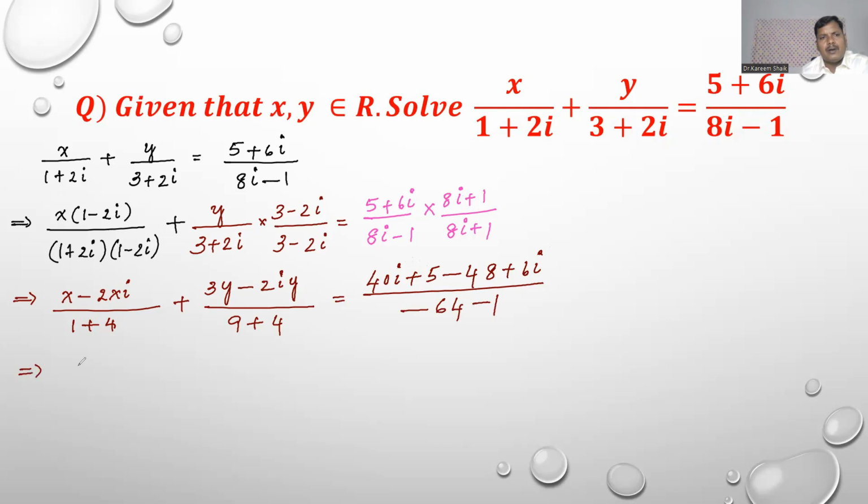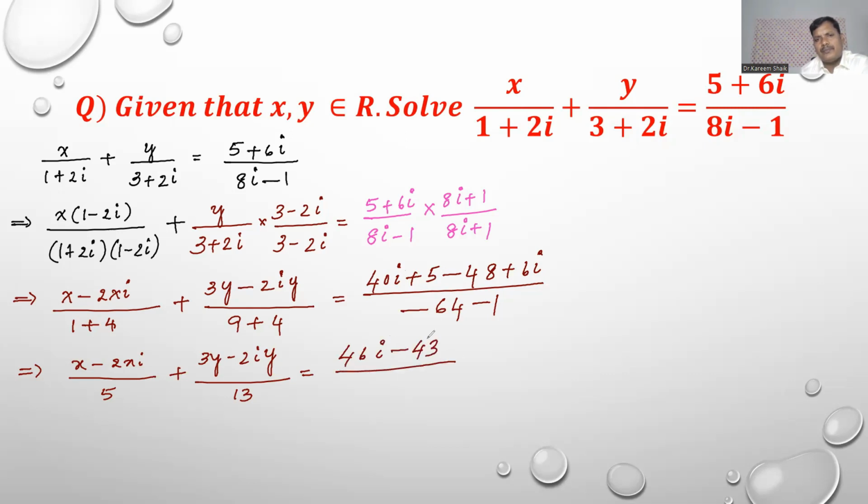Now observe here, what you got? x minus 2x iota upon 5 plus 3y minus 2 iota y upon 13 equals 40 iota plus 6 iota, 46 iota plus 5 minus 48, minus 43 upon negative 65. While doing the LCM on the left side, the LCM of 5 and 13 is 65.